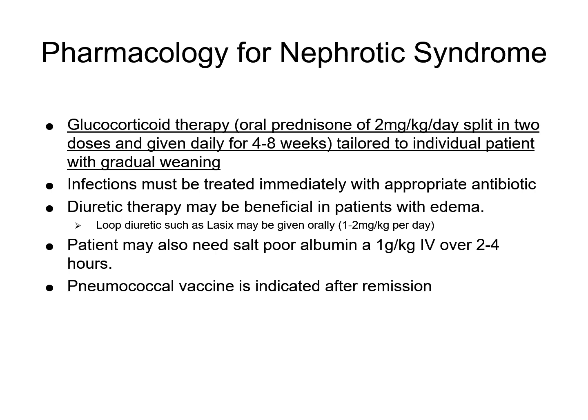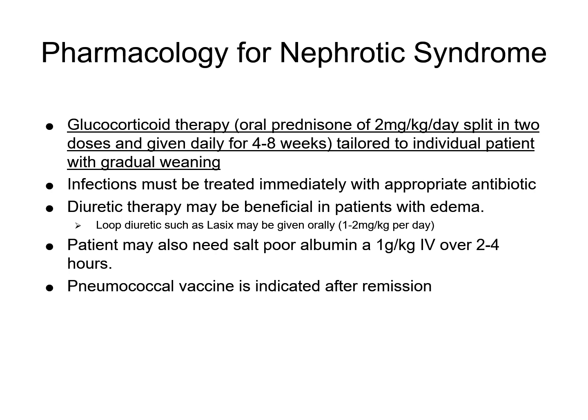They have to be weaned off because it can affect the adrenal function. Infections must be treated immediately with the appropriate antibiotic. If they have problems with edema, they certainly can use diuretic therapy, and usually they will give them a loop diuretic. A loop diuretic is one such as Lasix.